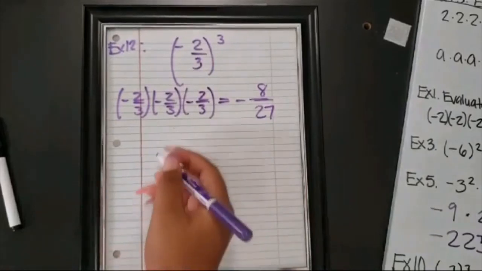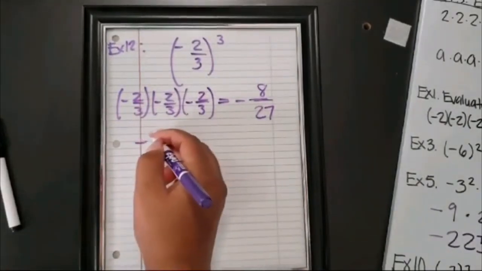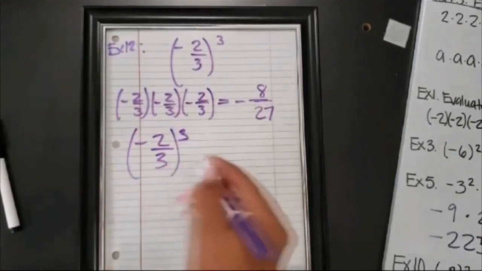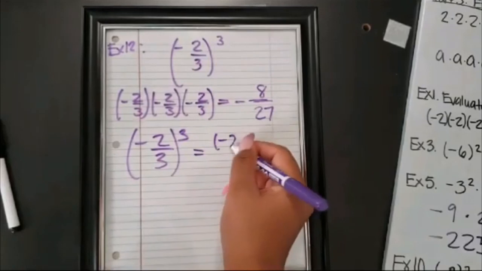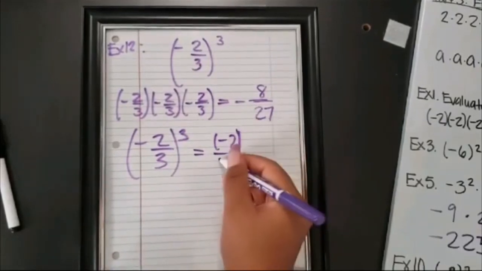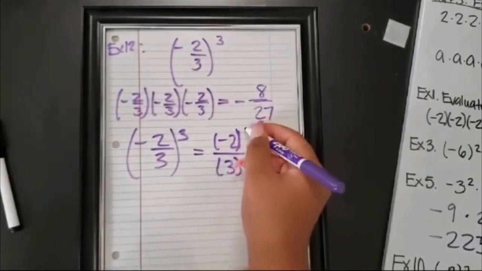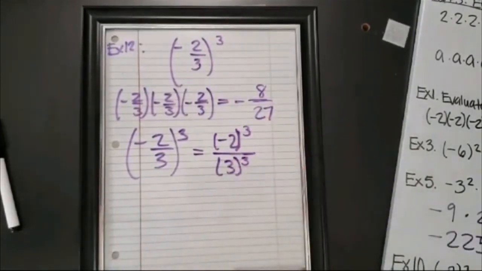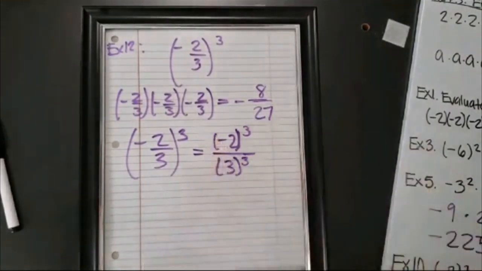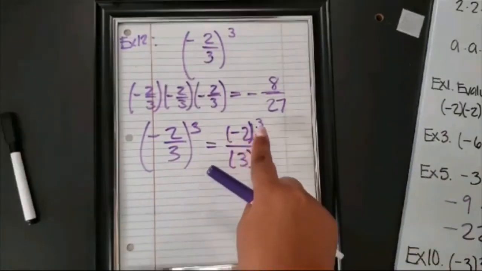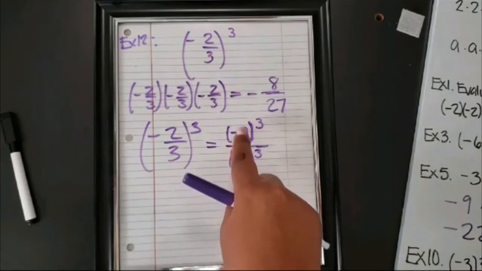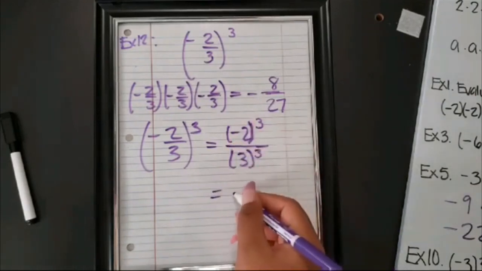But in the same fashion, we can also go from here to here. We can put our numerator and our denominator in parentheses and cube the top number and the bottom number. All right. So we know from a previous example that -2 cubed is the same thing as -2 times -2 times -2, which equals -8.